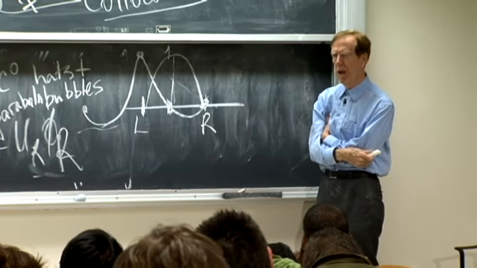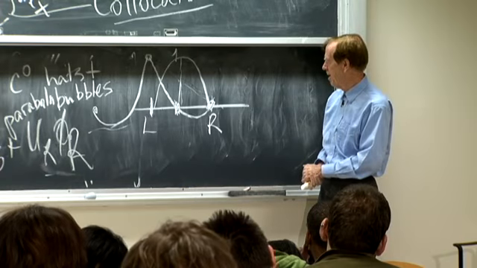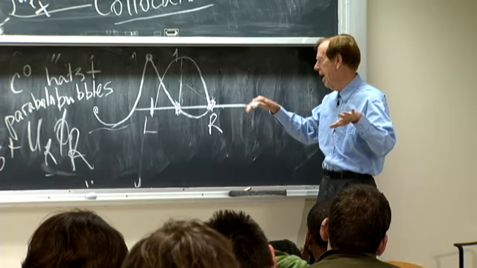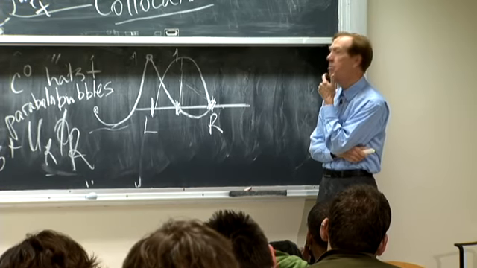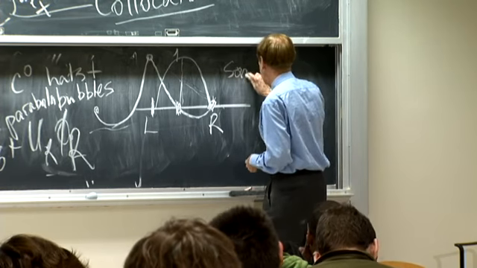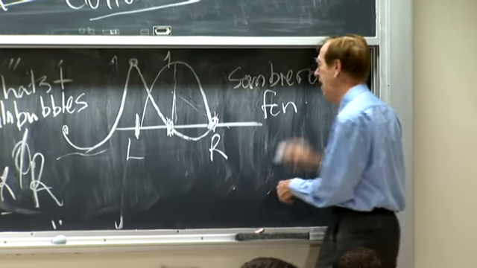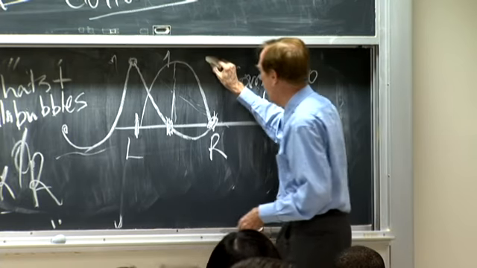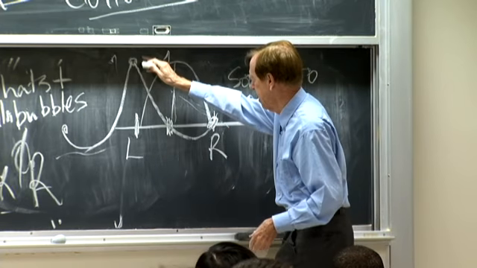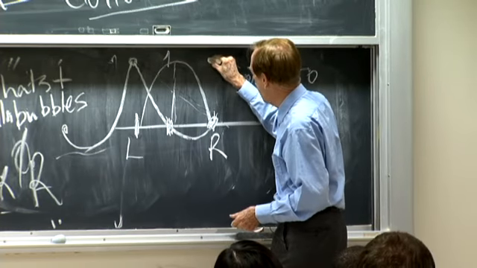What name should I give it? Anybody suggest a name? It's sort of a hat. Sombrero. Sombrero, okay. So I now have a sombrero function, right? Instead of the hat, it was replaced by a better hat.